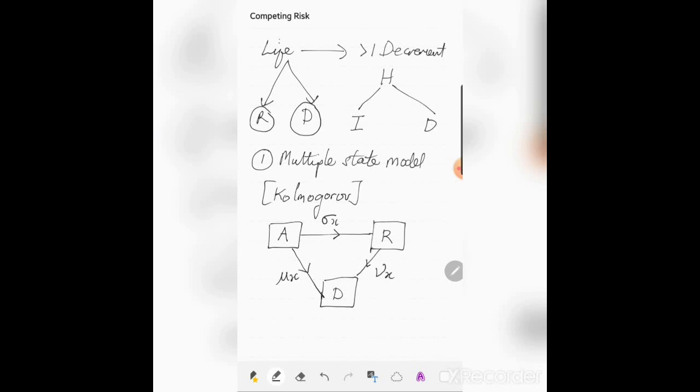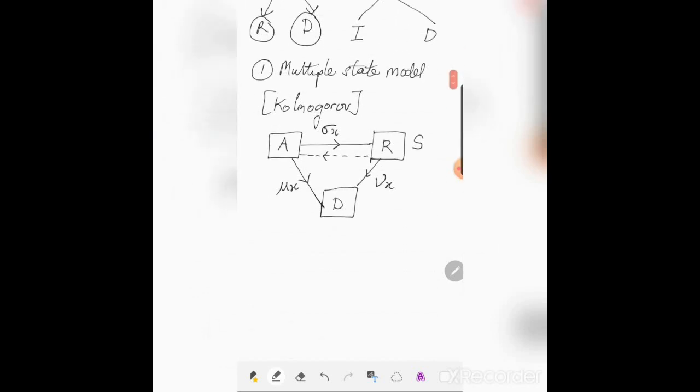Whereas if instead of retired I put sickness, then there is the possibility of one more line going back from the sickness state to the active state. So this transition diagram can vary much depending on the states.